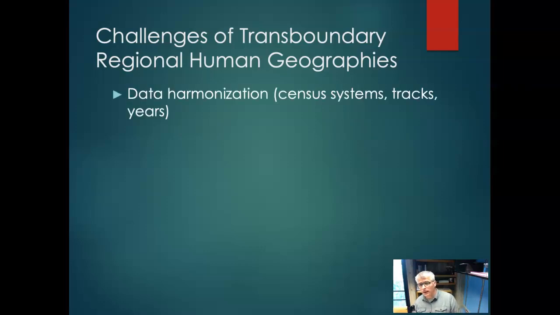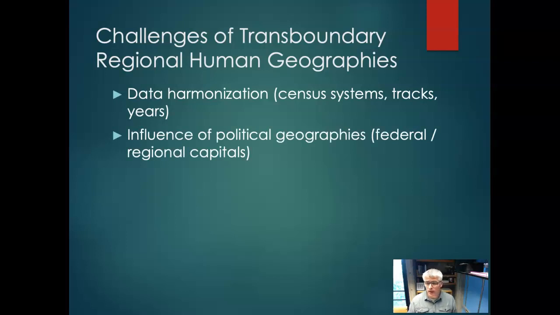So thinking about data harmonization. The way that we do our census here in the U.S. is different than the way that's done in Canada. The methods are different. The timescales could be different as well. And so trying to compare populations through time is difficult because of that.